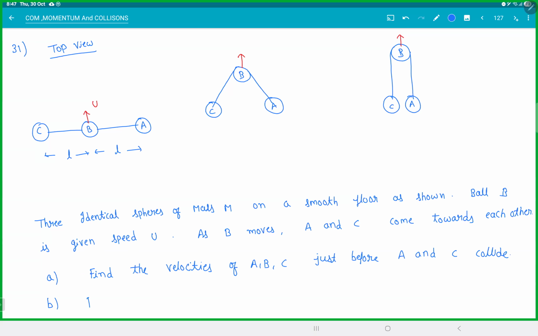Second, find the tension in the string just before A and C collide. Let's see how we do this. The second one is a really good one, B part. This would be an advanced paragraph question.